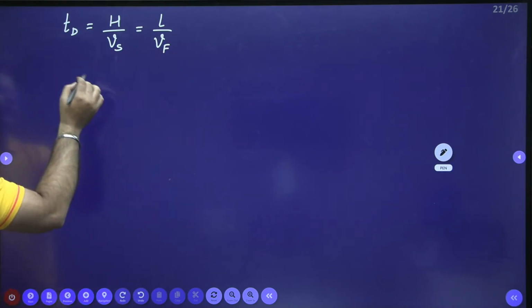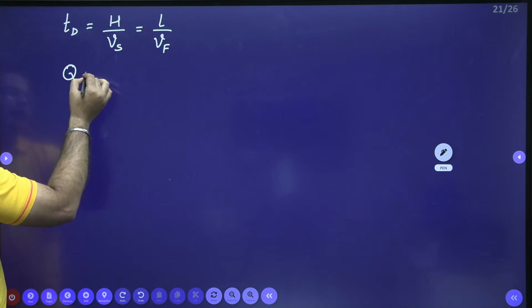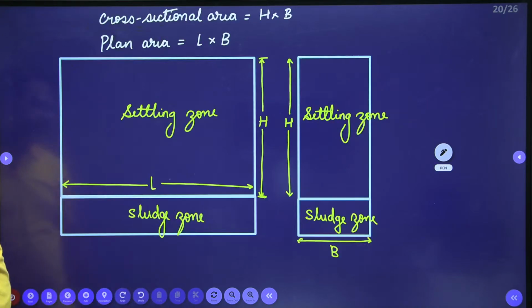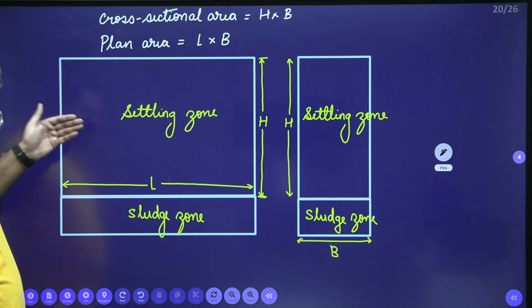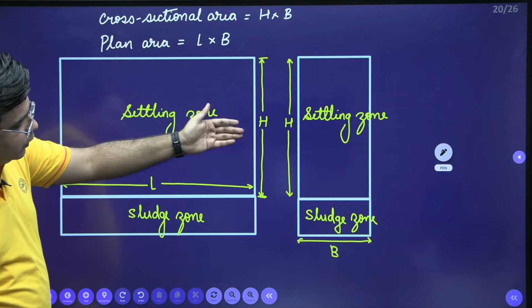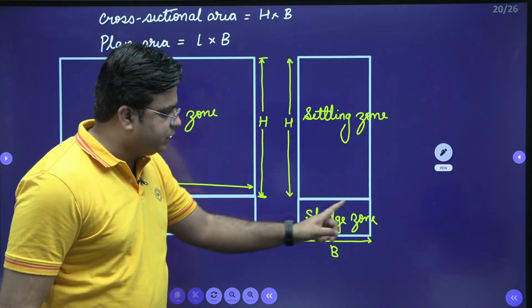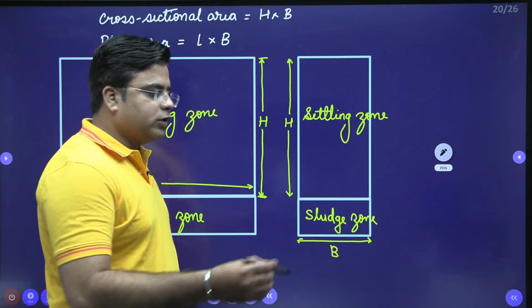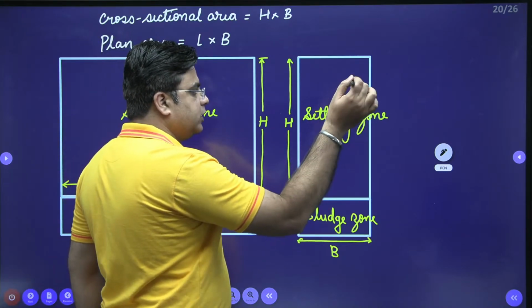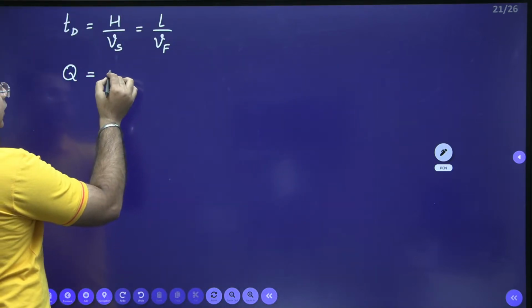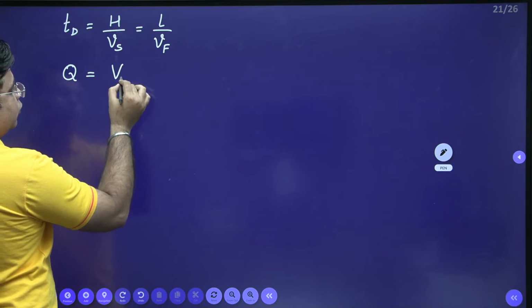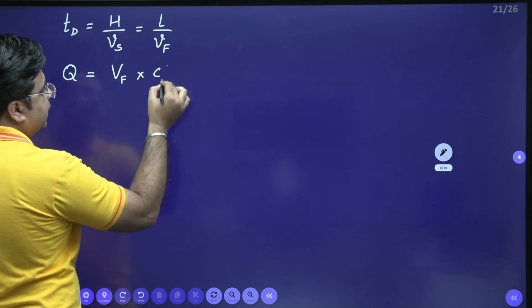Okay. Now the discharge which is flowing through the tank is equal to velocity of flow Vf multiplied by this cross-sectional area, right? The velocity Vf will be perpendicular to this cross-sectional area.